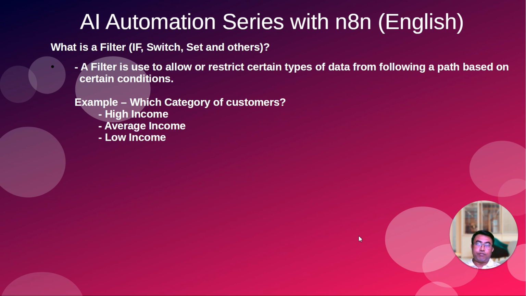Let us take an example. Suppose you are working for a client who wants to send an automated email response to, say, high income customers, or your client wants to send the high income sales individuals' data to the manager.